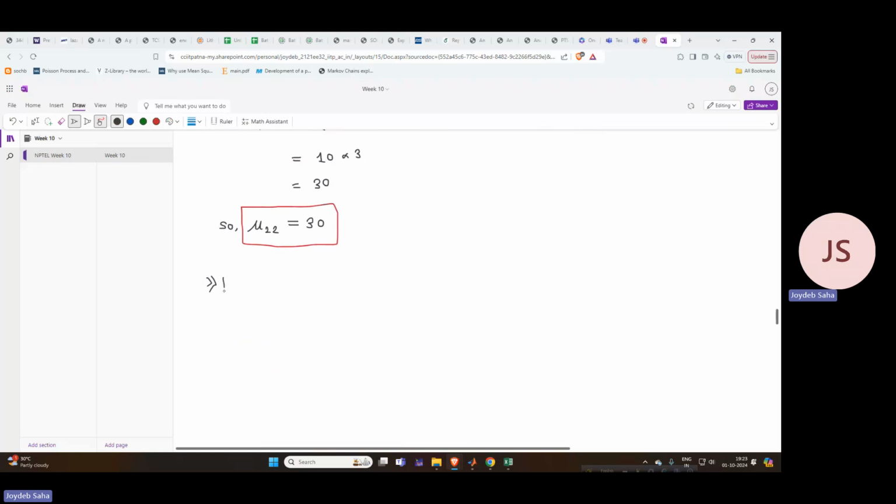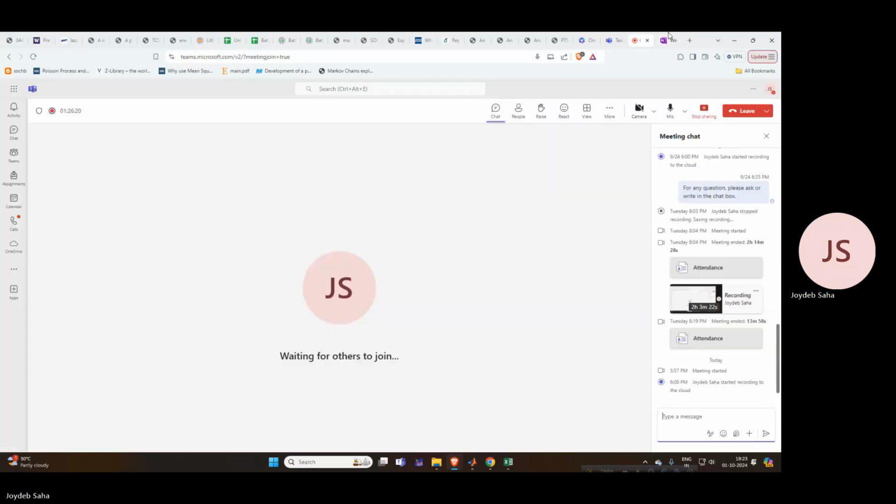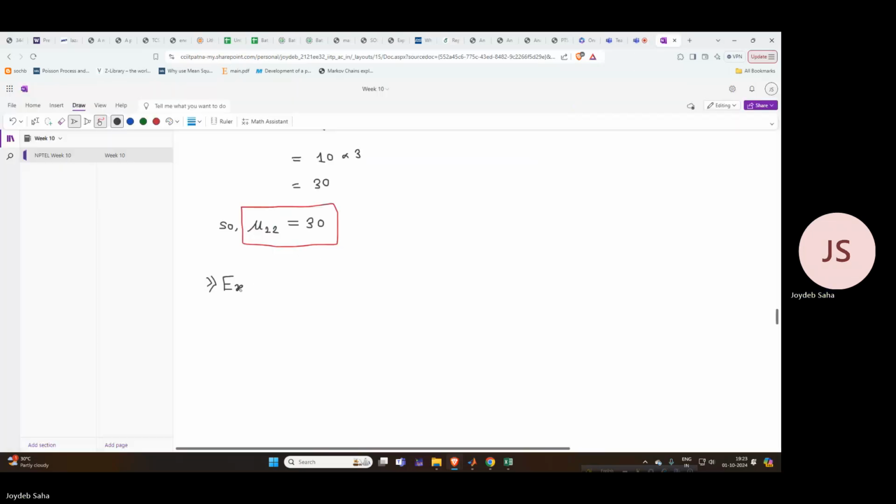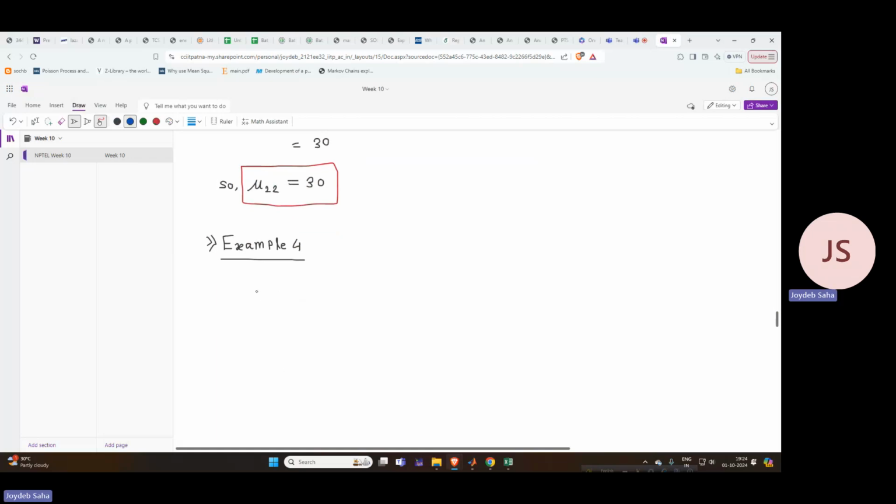Next is example 4. Okay, what is example 4? The density function of two random variables x and y is given.